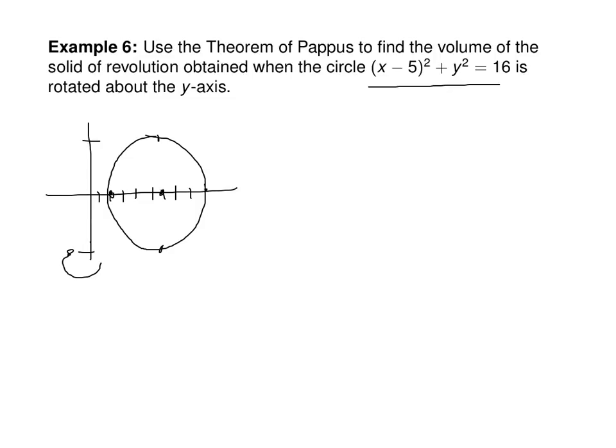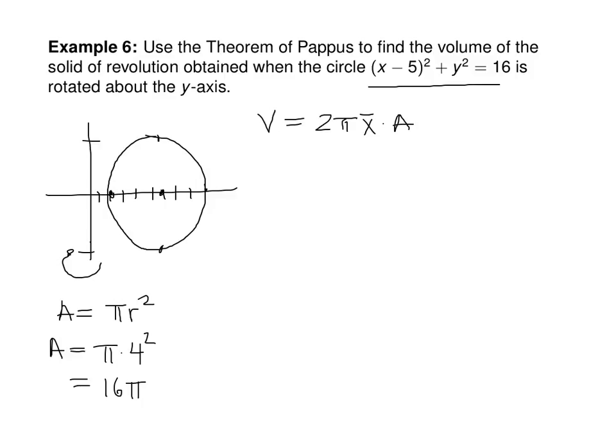So we'll find the volume using the formula 2 pi x bar times A. First of all, you have a circle. You are allowed to use the fact that the area of a circle is pi r squared. In this case, this circle has radius 4, so we have pi times 4 squared, or 16 pi.